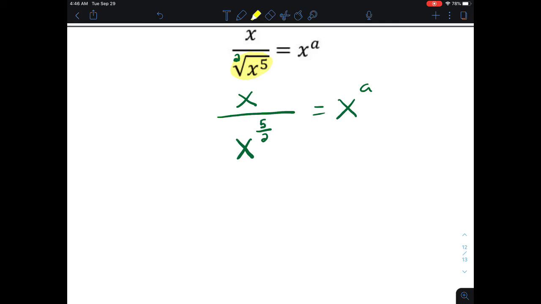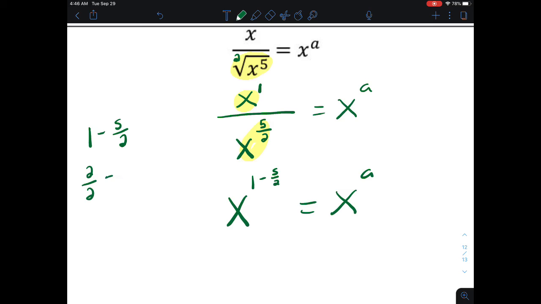Now, we are dividing like bases. When you divide like bases, you subtract the exponents, top minus the bottom. So we'd have x raised to the 1 minus 5/2 power is equal to x to the a. Well, I need to do 1 minus 5 over 2. In order to do that, I have to have common denominators. So 1 is 2 over 2.